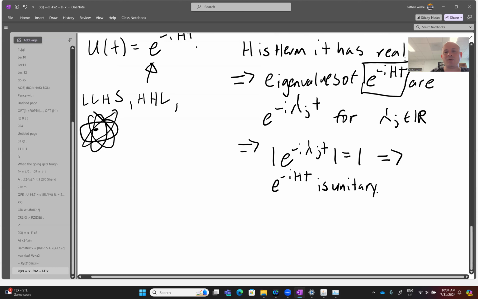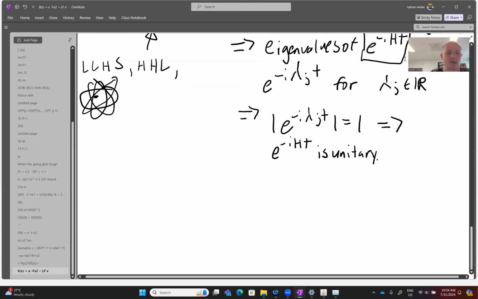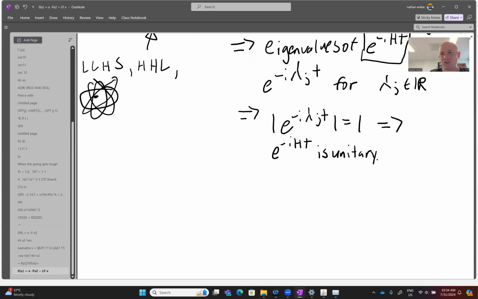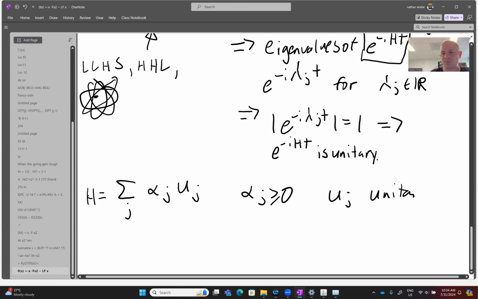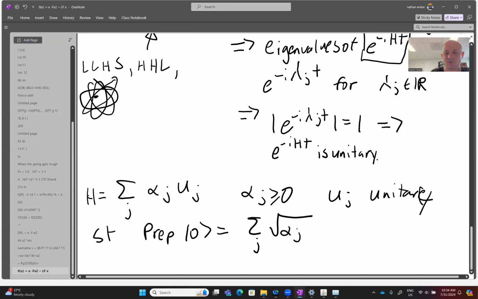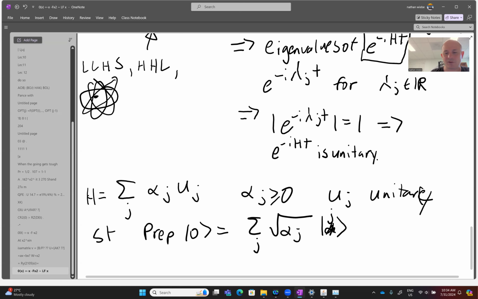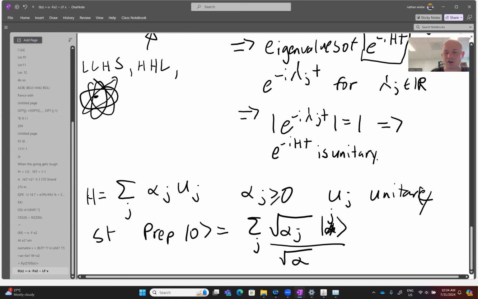But the question is, how do we load the Hamiltonian matrix into a quantum computer? The way that we're going to assume that we're doing it is using a linear combination of unitaries block encoding for it. So the idea is we're going to assume, without loss of generality, that the Hamiltonian is the sum over j of alpha j U j, for alpha j greater than or equal to 0, and U j unitary, such that we have an oracle prep acting on 0, which is going to give us the sum over j of root alpha j, j, divided by our normalization constant, which I'll call root alpha.